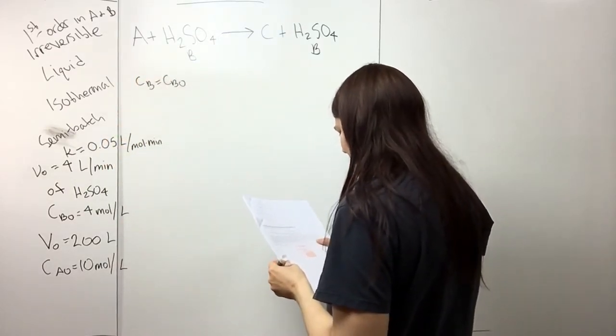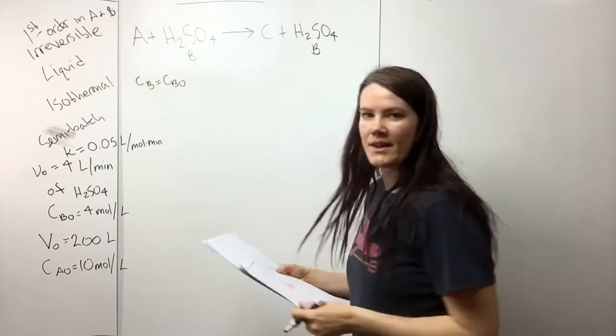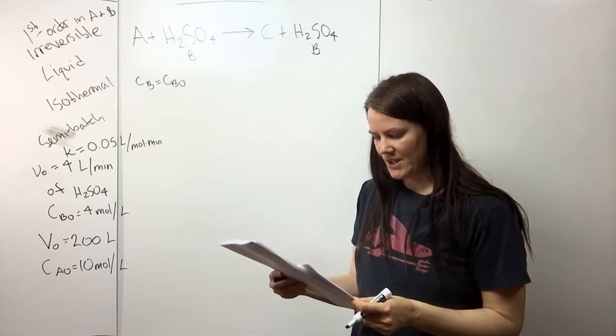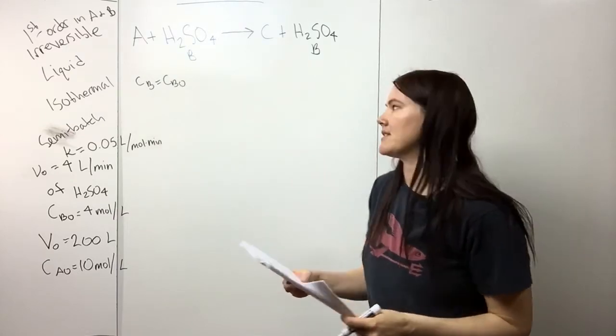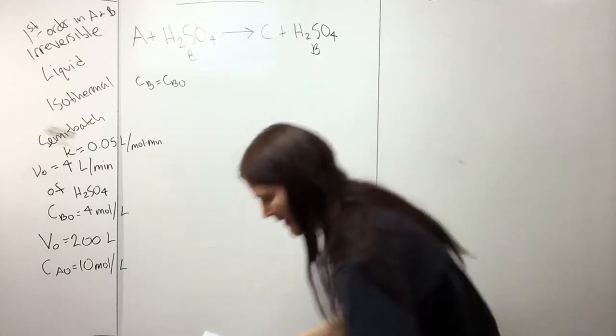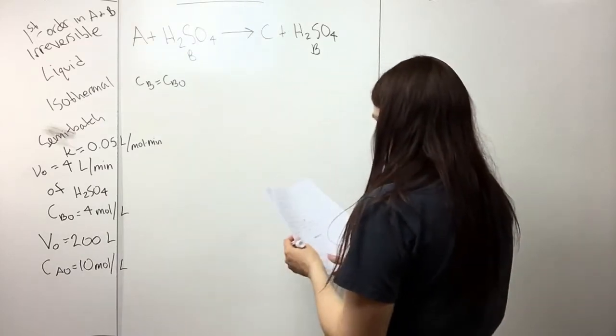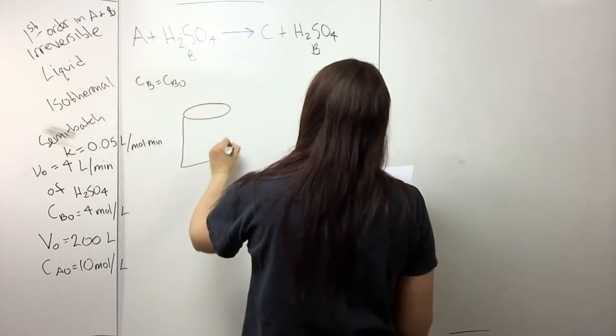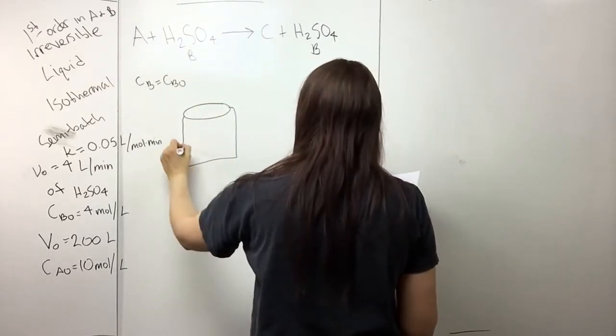And then it says derive a relationship that relates the conversion of A to the known system parameters and determine the conversion of A after 25 minutes. And then it wants to know how much C is formed after that. So first of all, we can draw a picture of what's happening. You have a semi-batch reactor.